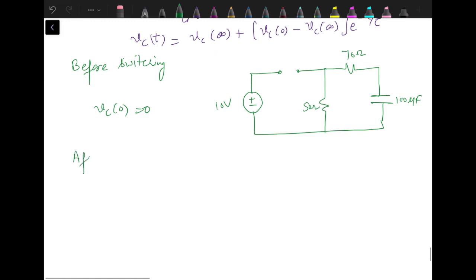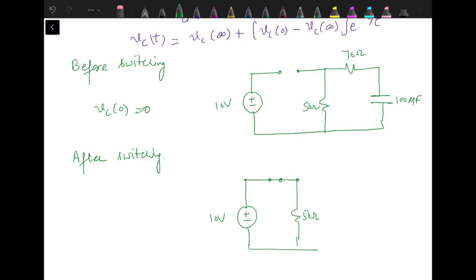Then after switching, the switch is closed. 10-volt source, 50 ohm resistance, 70 ohm resistance. Here we have the capacitor.